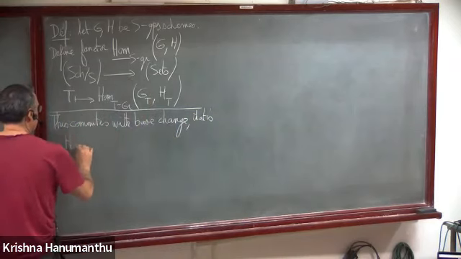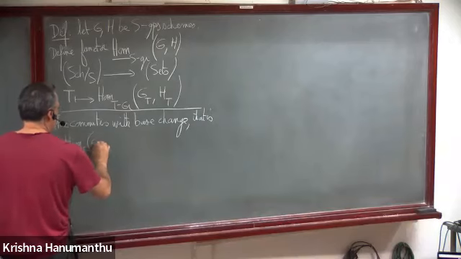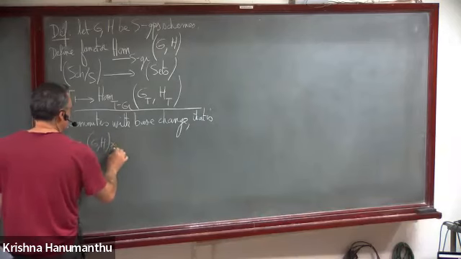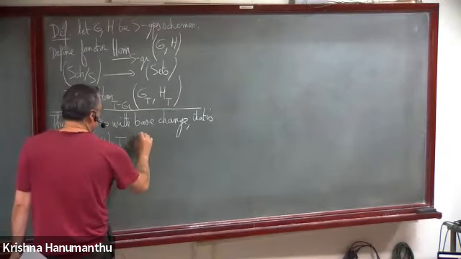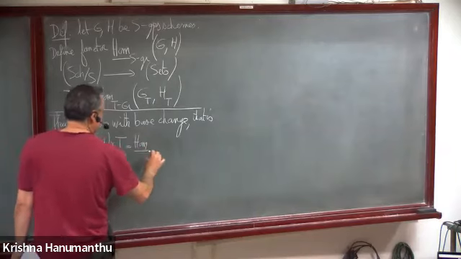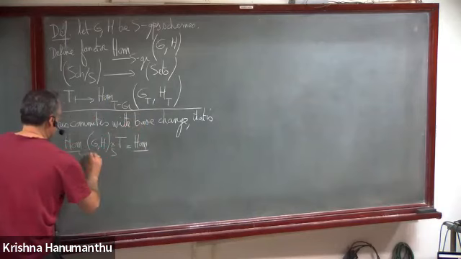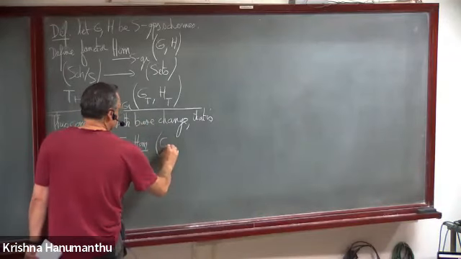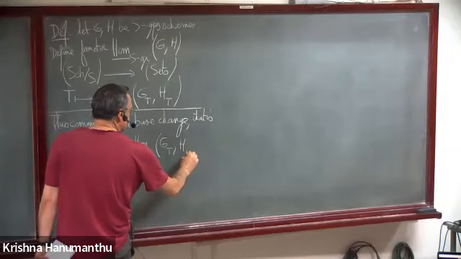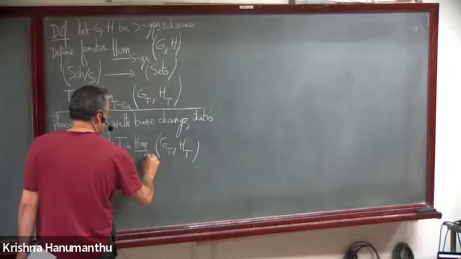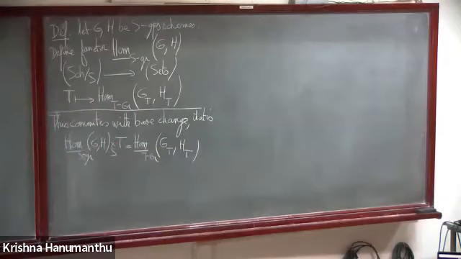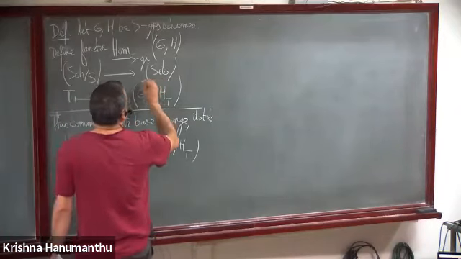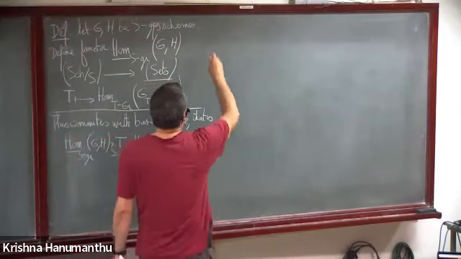So if we take this functor, Hom group, and base change it to some scheme over S, this is the same as base changing G and H to T and taking the same functor. Okay, this follows from the definition.